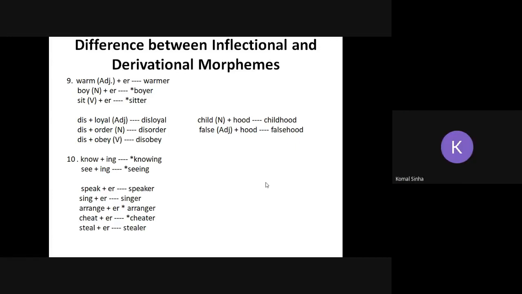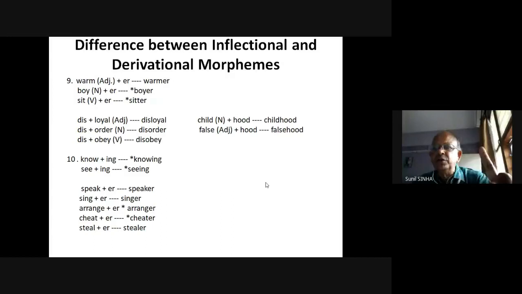What is ER? ER is a derivational suffix. Look here, there are two ERs. One ER can be added to verbs, like speak. Speak is a verb and we get speaker. Sing is a verb and we get singer. So ER can be added to a verb to get a noun. Run, runner. But there is also one ER which can be added to an adjective.